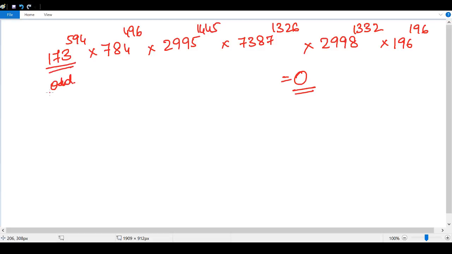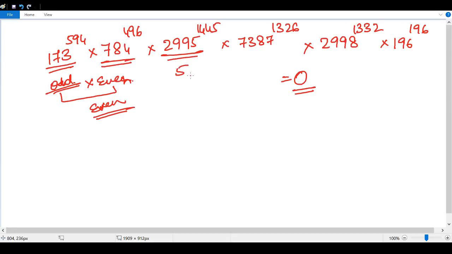Forget the power. Forget the power. Do you realize that you have an even number here? So when an odd number and an even number get multiplied, you'll eventually get an even number. Right. Now when this even number, and do you have a 5 here? So when this even number gets multiplied with 5, do you realize that you eventually end up getting a 0?